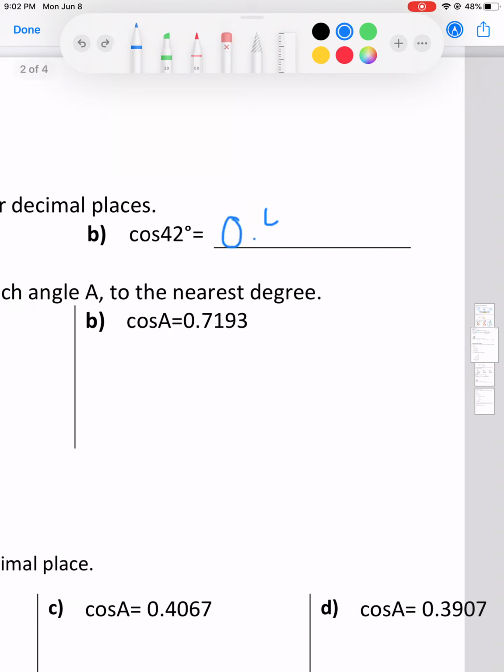Oh, I lied to you. 0.743144825. It's 4 decimal places, so it's 1, 2, 3, 4. What's this number? It's a 4, so that would leave the 1. Technically, I'm not going to get into that detail. So there we go. I can get rid of these now.